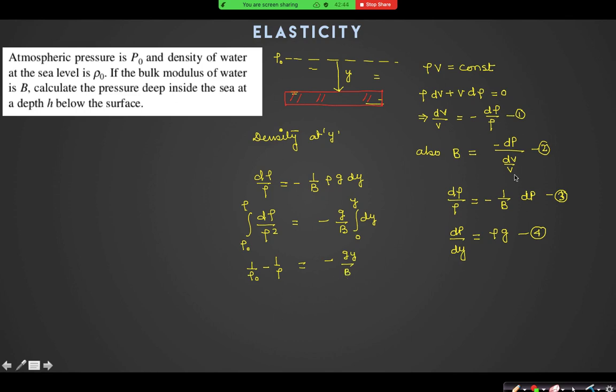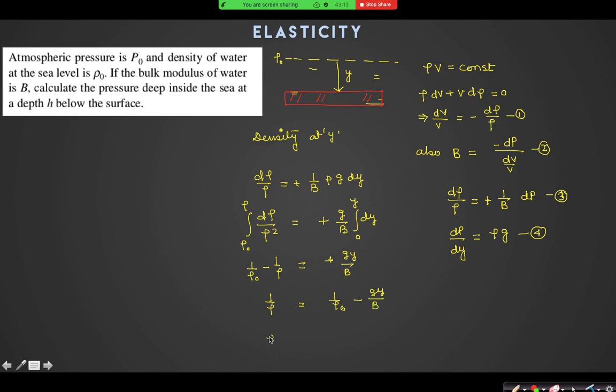I think there will be no negative sign, because dv by v is minus d rho by rho. Yes or no? So this negative negative will cancel out. This will be a positive quantity only. Why? Because density will increase. So 1 by rho is equal to 1 by rho naught minus gy by b.